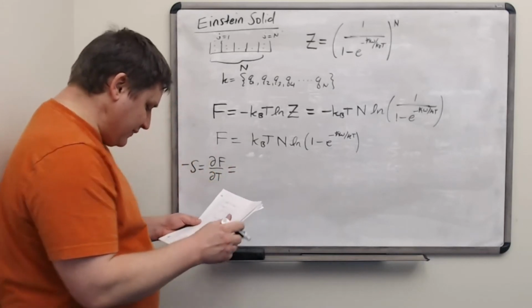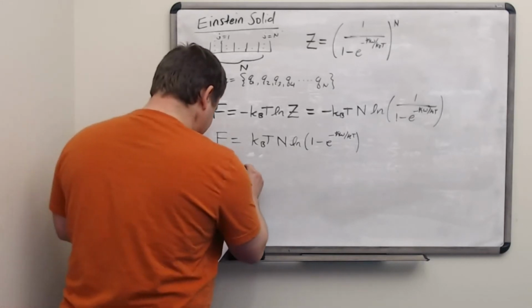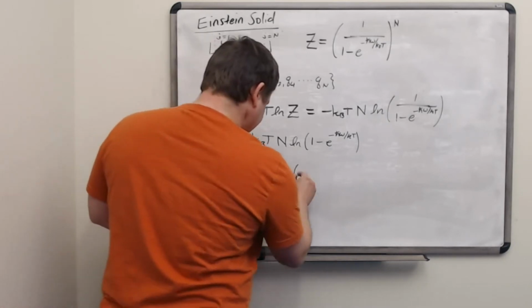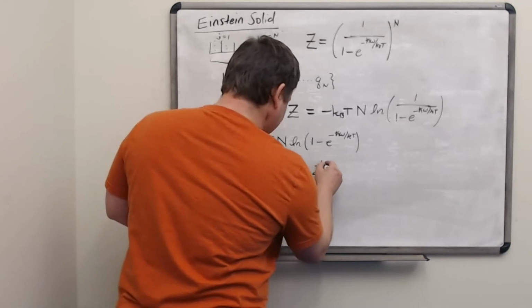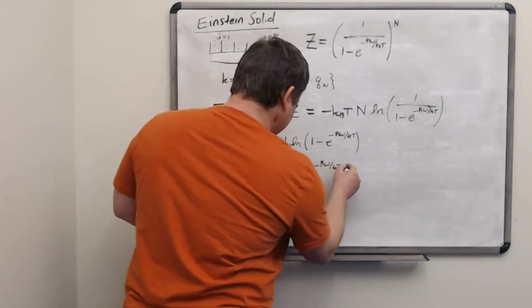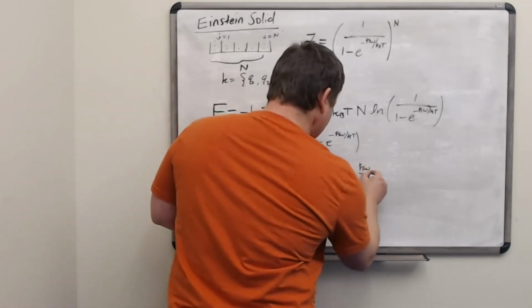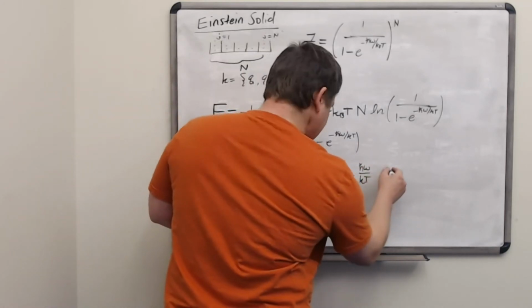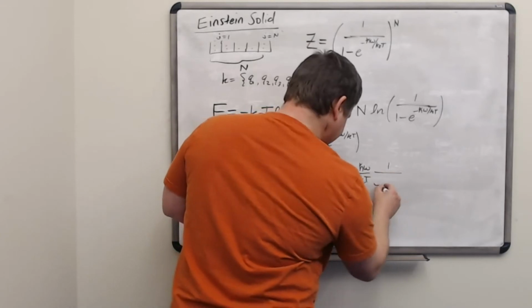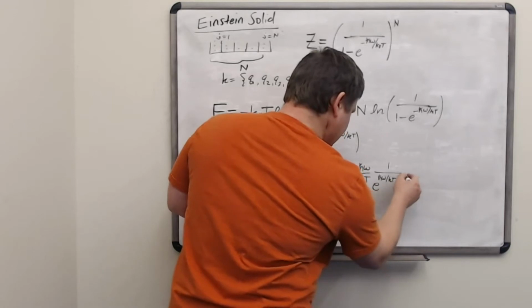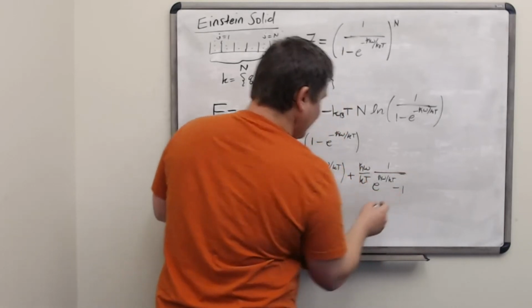And what we would get from that is Nk times minus natural log of this 1 minus exponential stuff plus h bar omega over kT times 1 over e to the positive h bar omega over kT minus 1.